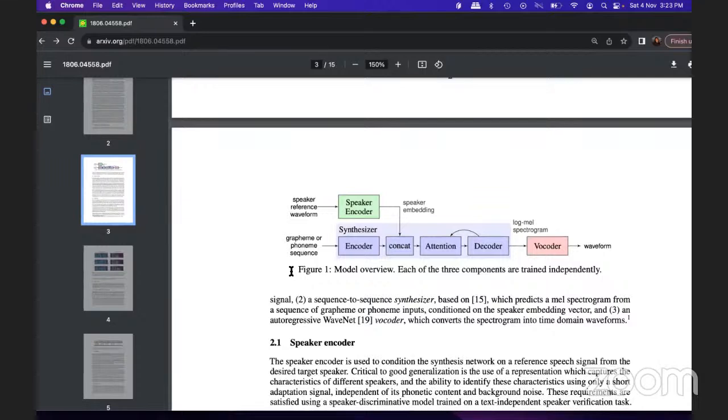It takes this MEL spectrogram and generates an audio waveform at the output. Basically, a reference audio and text are taken in, it combines the two and generates an audio signal as the output. So this is the architecture that the authors are suggesting in this paper.